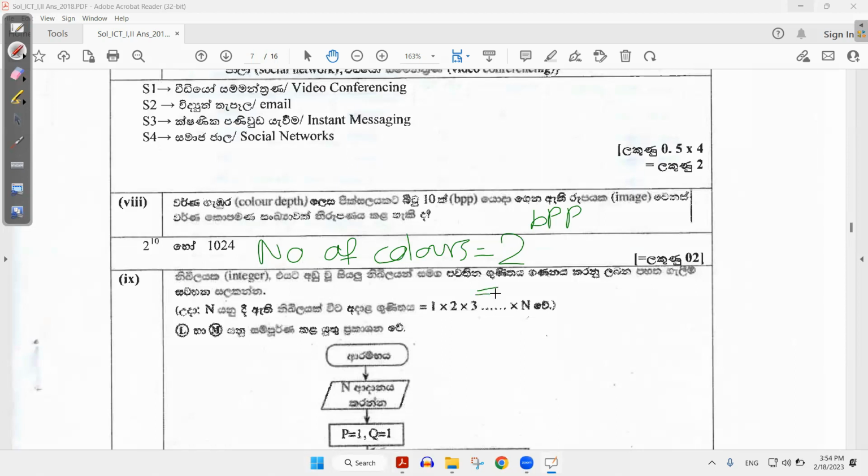So that means 2 to the power 10 is eventually equal to 1024.